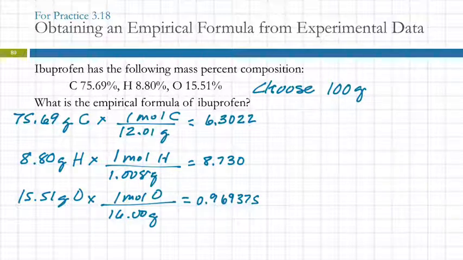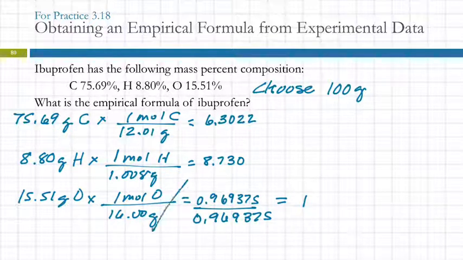Everybody okay? I could take these numbers and make them subscripts in a formula, but the correct formula has whole number subscripts, right? And I can't just round these off to whole numbers. So I'm going to find the ratios. I'm going to divide all of them by the smallest. Here, the smallest one is the oxygen. So that's going to come out to be 1. I want to divide by the smallest because that way I'm ensured that all of my numbers will be 1 or larger.